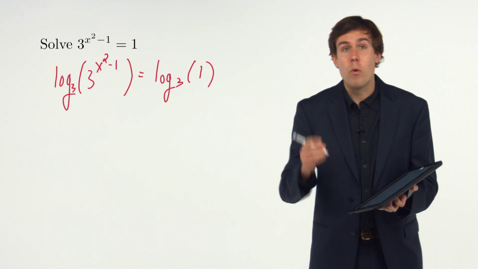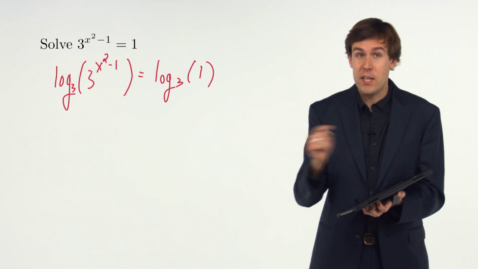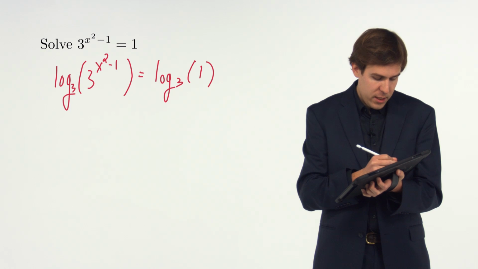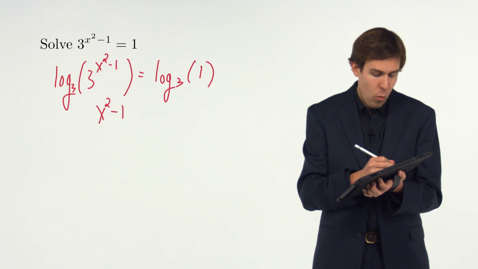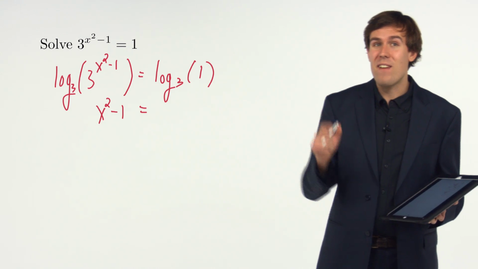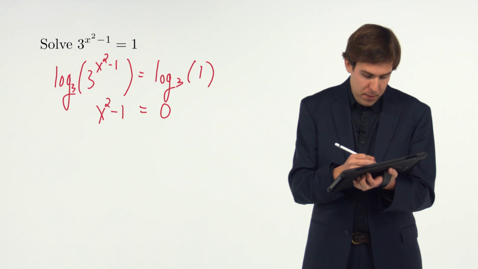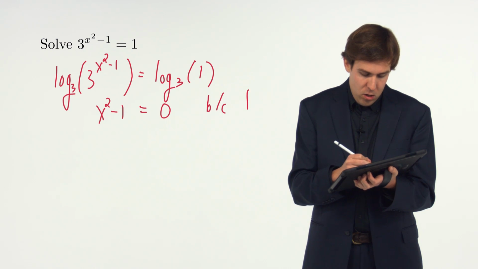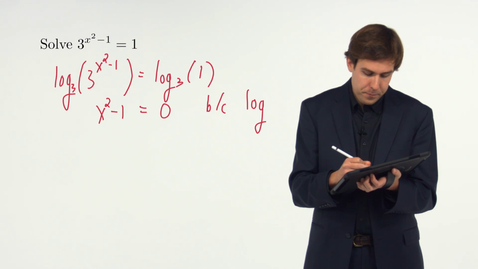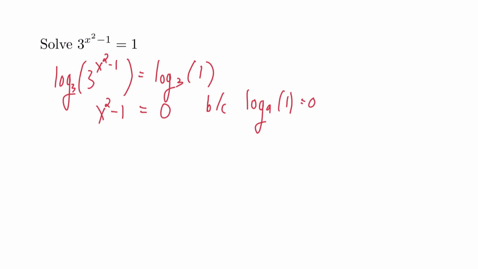Okay? So what is happening on the left-hand side? Well, the log base 3 is going to kill that exponential. So I'll just get x squared minus 1 on the left-hand side. How about on the right? I need to identify log base 3 of 1. Well, this is 0, right? Because log base a of 1 equals 0 for all a.